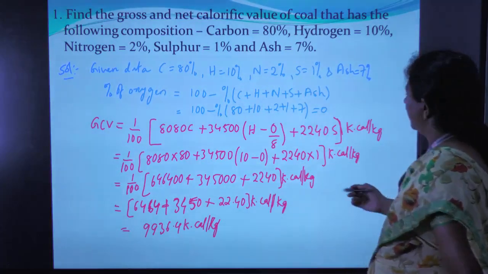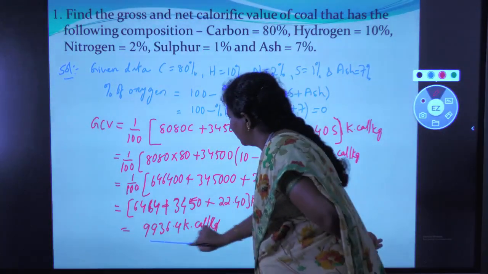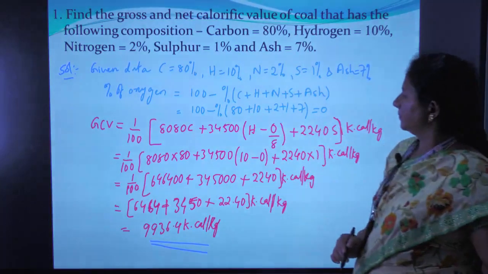So this is the gross calorific value we are getting.